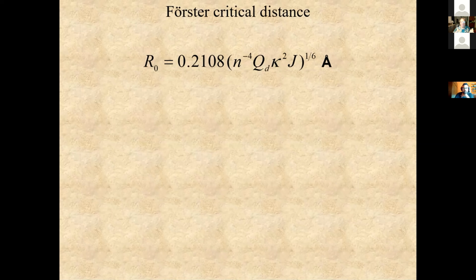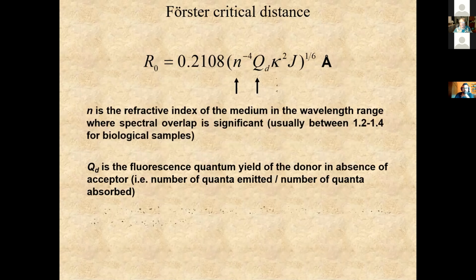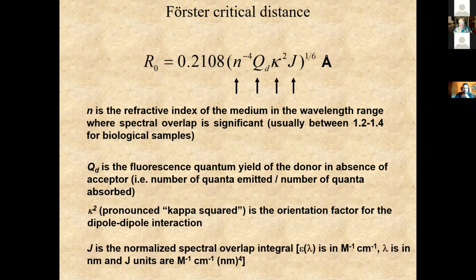So how far away must the acceptor be to see energy transfer? That's going to depend on the refractive index, the quantum yield of the donor, kappa squared, the orientation factor, which is the most difficult one, which is the relative orientation of the dipoles of the donor and acceptor, and the overlap integral.